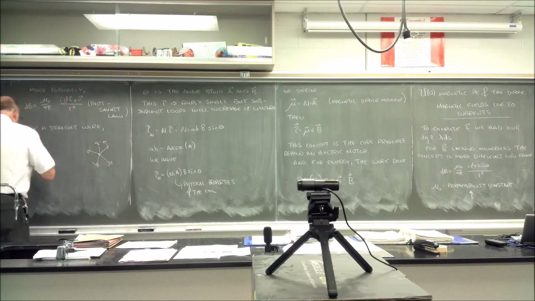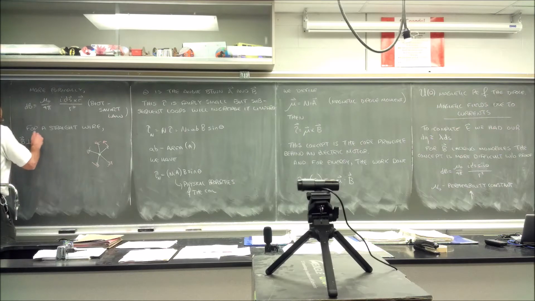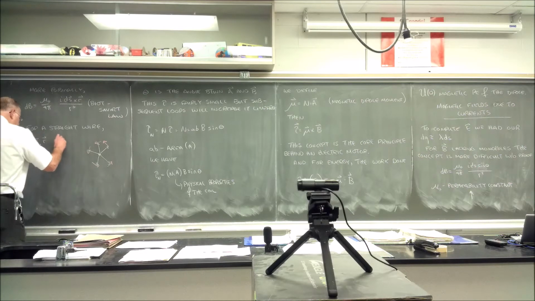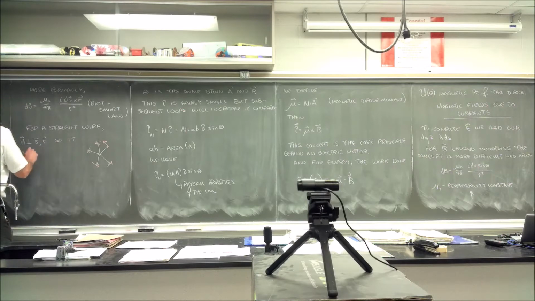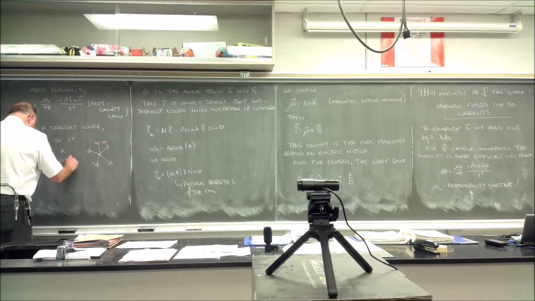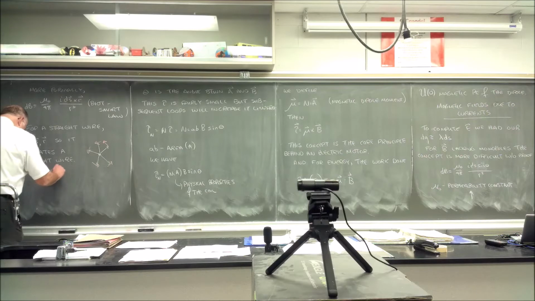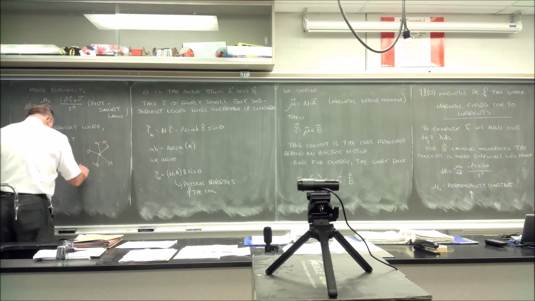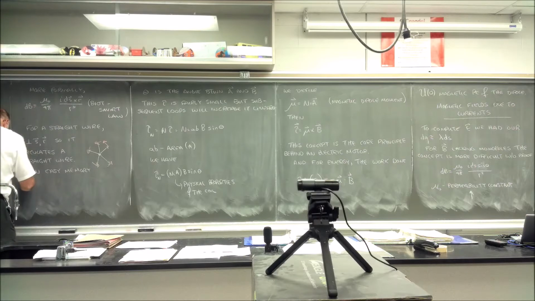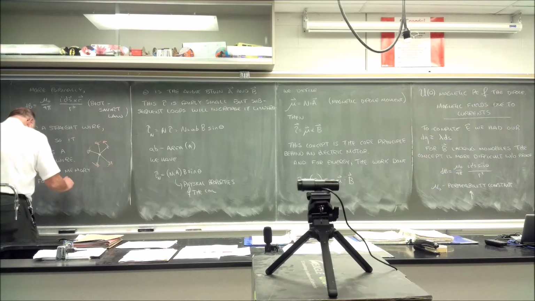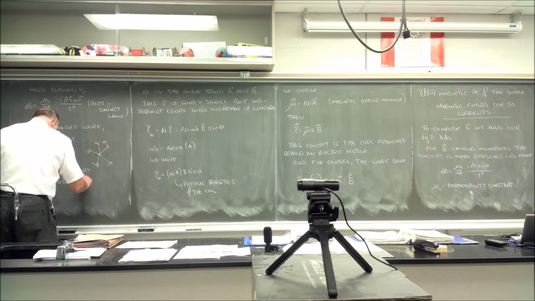So the magnetic field must be perpendicular to S and R, so it circulates a straight wire. An easy memory aid for this is the right-hand rule.